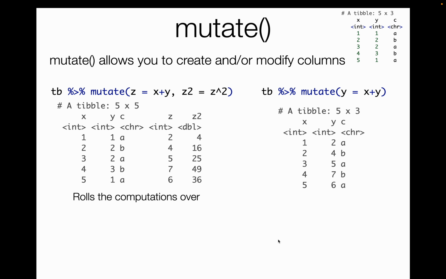Because now, of course, I've lost the original y. I don't know what that is, and I could get it back if I remember that I just did x plus y, and so if I just subtract x again, I'll get back to y. But that's probably more thinking than we want, or more backtracking than we need. So anyway, a little more dangerous is redefining columns that you have, but you may not want to add new columns to your data. Okay, does this make sense?